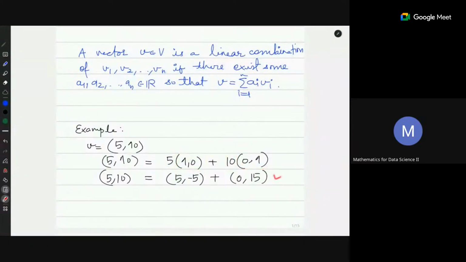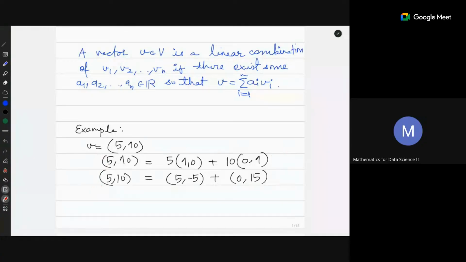You can also write the same vector with respect to other vectors, as a linear combination of other vectors. So you can write this vector (5, 10) also as a combination of two other vectors. The vector need not have only one combination.